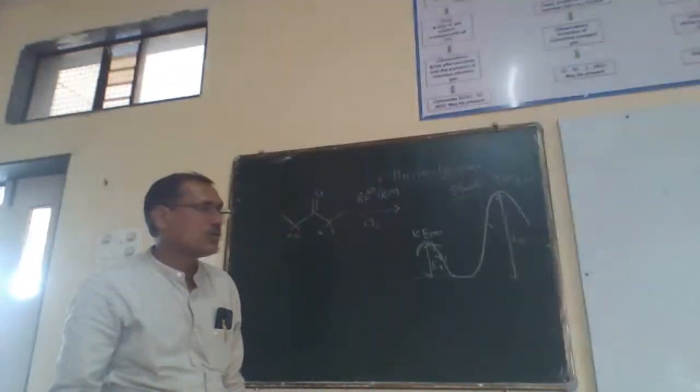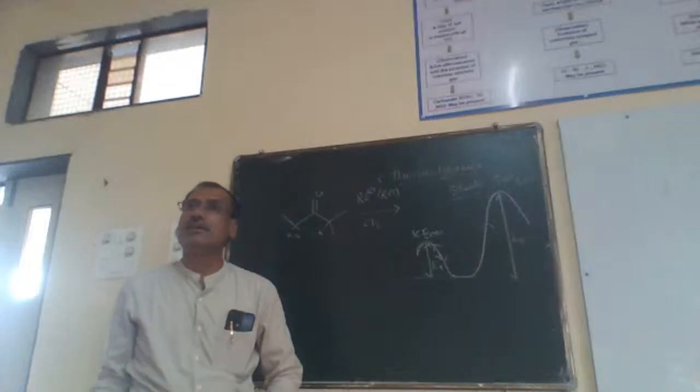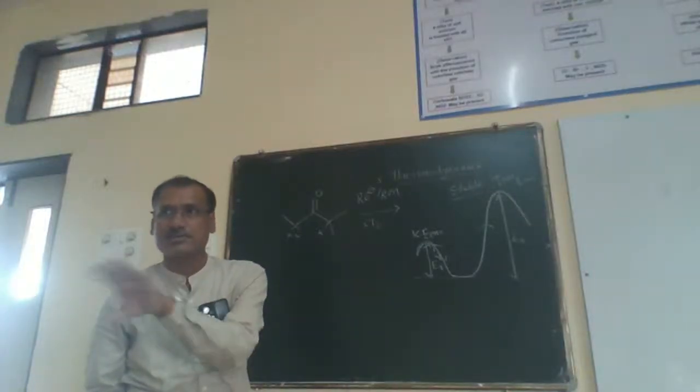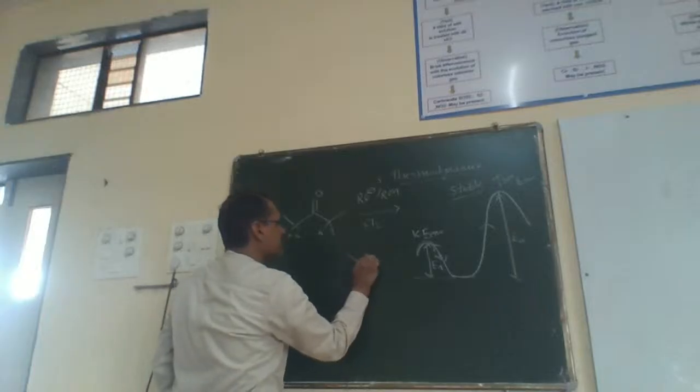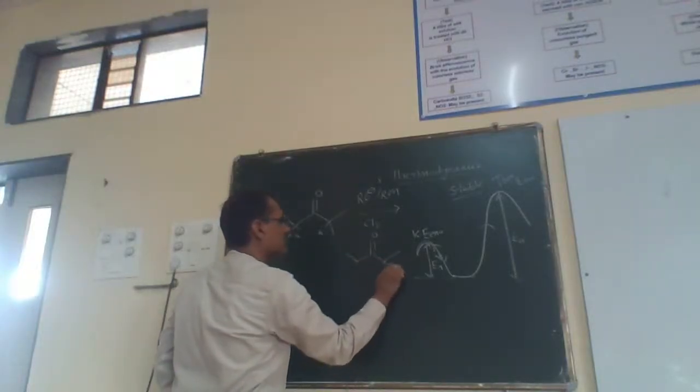Okay, and chlorine. Chlorine will give Cl positive and Cl negative, partial positive and partial negative. Eventually, the product would be this. What will be the product?